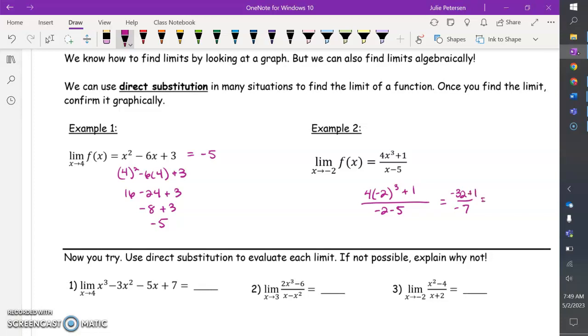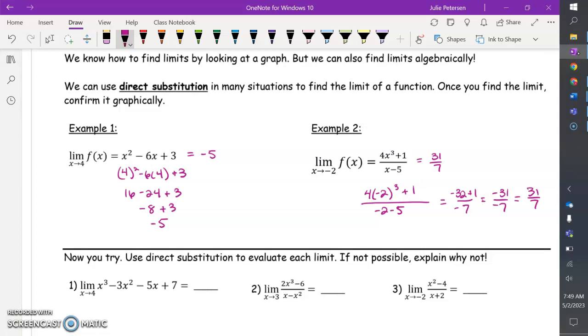I'm going to clean this up. I got negative 31 over negative 7, which is 31 over 7. Okay, so that looks a little bit funky, but that is a number. So 31 divided by 7 is a number that's a little bit bigger than 4, right? Because 28 divided by 7 is 4, so it's 4.4 or 4.5.